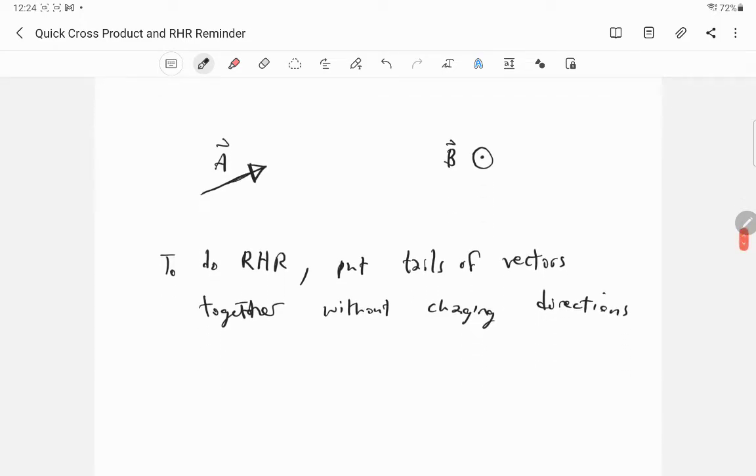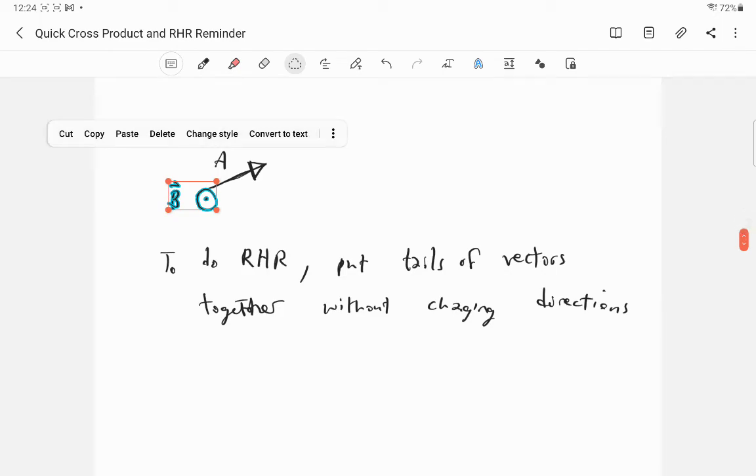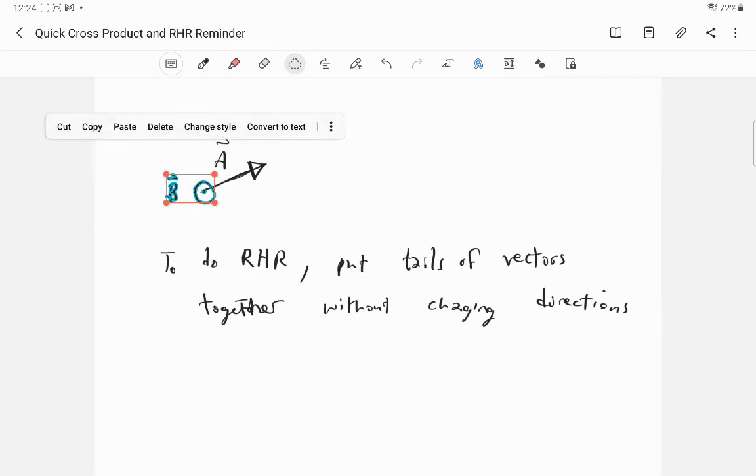So what that means is grab your second vector and move it so that it appears to have the same tail. Can you see that I put the tail of B at the tail of A, but I didn't change the direction of either A or B? So that's the first step to do the right-hand rule.